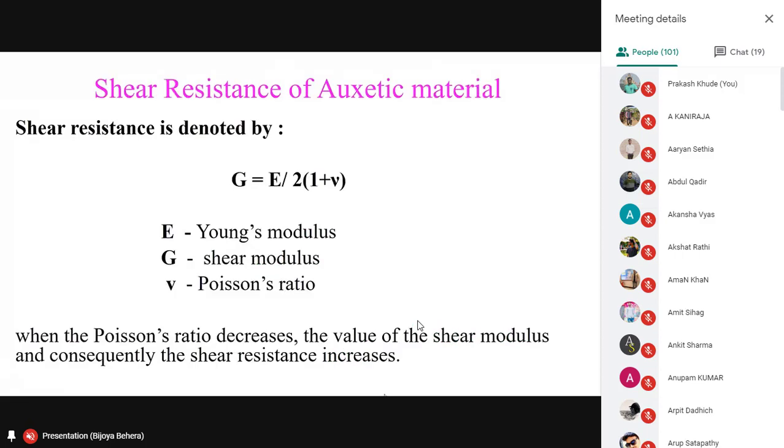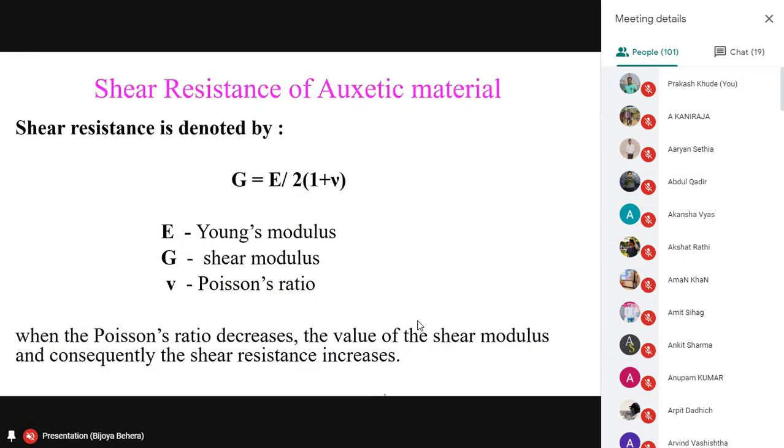Shear resistance. Normally shear modulus is denoted by this formula you must have come across in physics: G equals E divided by 2 times (1 plus ν), where E stands for Young's modulus and ν is Poisson's ratio. So when Poisson's ratio decreases, meaning when this value becomes 0 or negative, the shear modulus and consequently the shear resistance will increase. This is how it is clear why shear resistance is very high for an auxetic material.